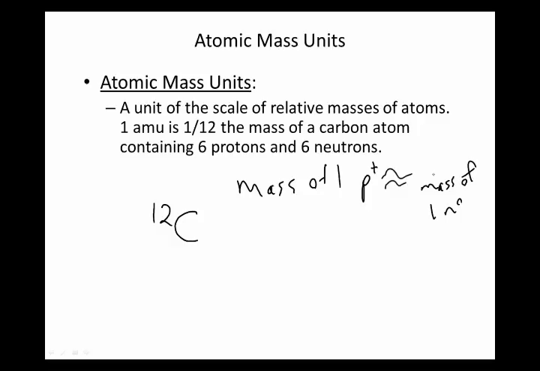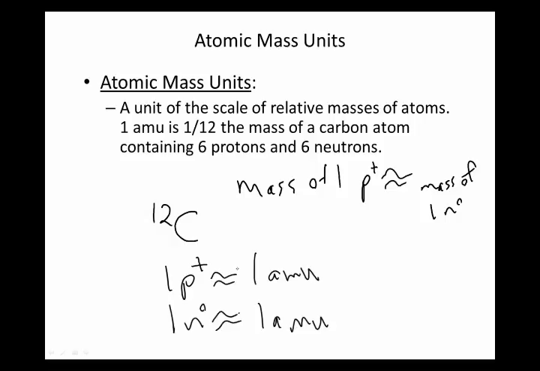So this AMU, this unit, is defined as being 1/12 the mass of 1 carbon with 12 nucleons, and these nucleons are what make up most of the mass. So if you think about it, 1 proton is going to have a mass of about, more or less, 1 AMU. And 1 neutron is going to have a mass of about 1 AMU, right? So carbon-12 is going to have a mass of exactly 12 AMU, right?